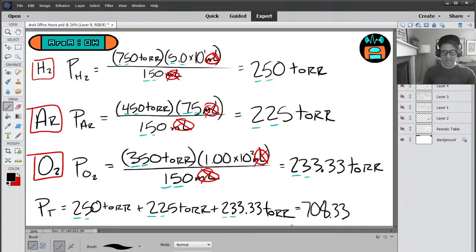But you'll notice, so we added these numbers, the last significant digit in each of these is in the tens place, which means we need to round to the tens place. 8 rounds up, so our final answer is 710 torr. And that is the pressure inside this flask.